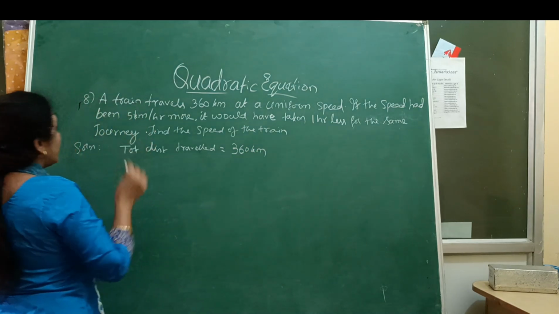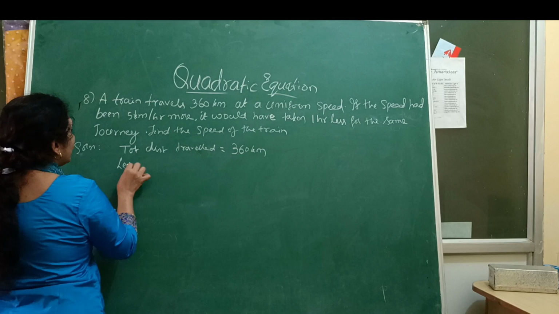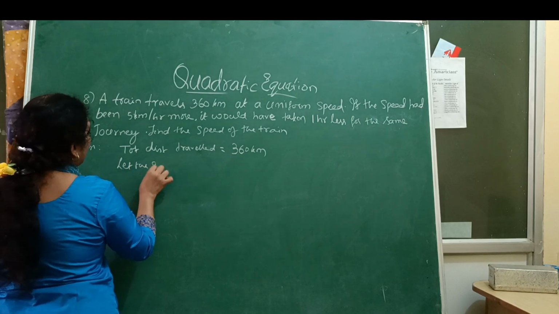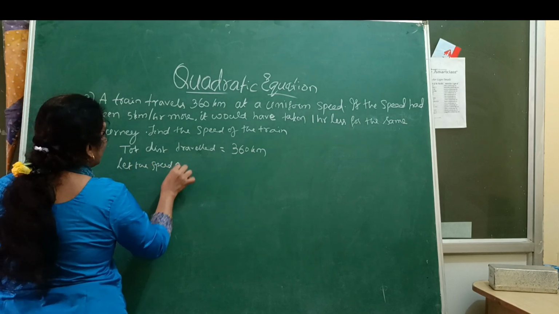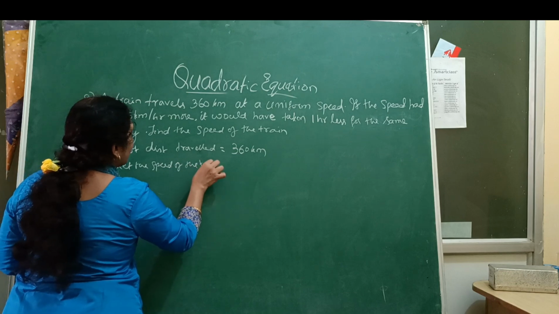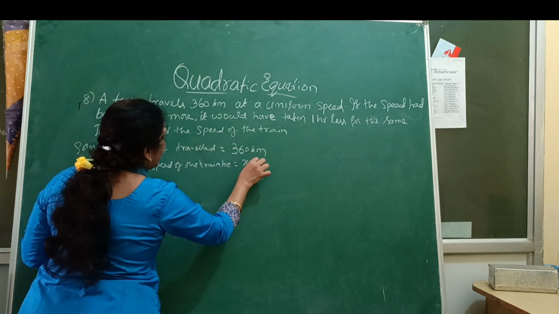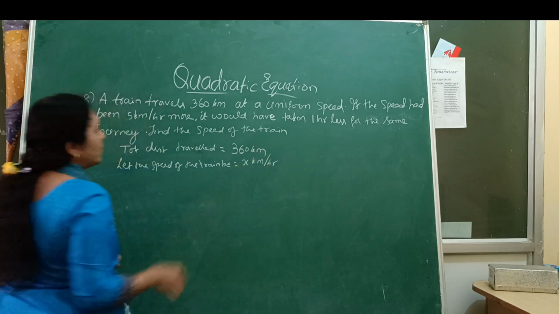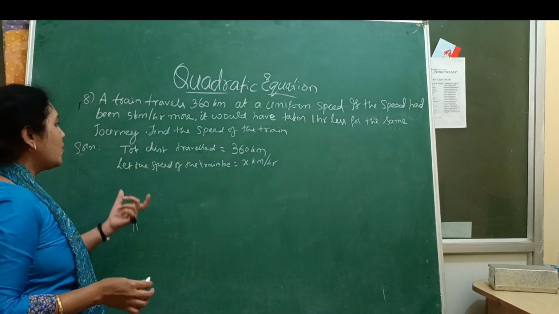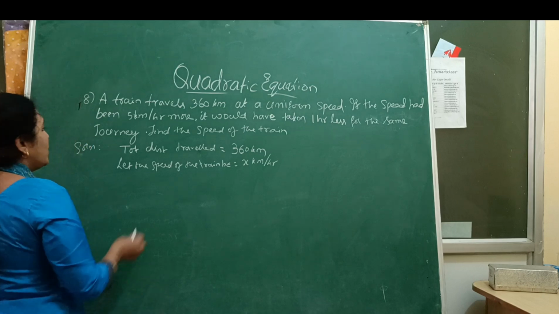Let the speed of the train be equal to x kilometer per hour.